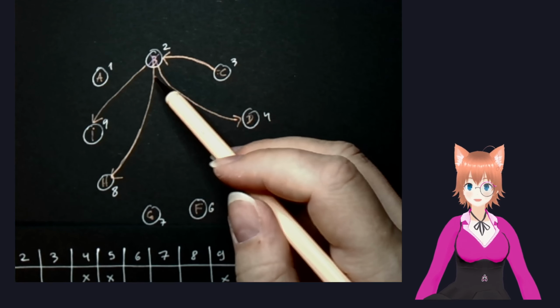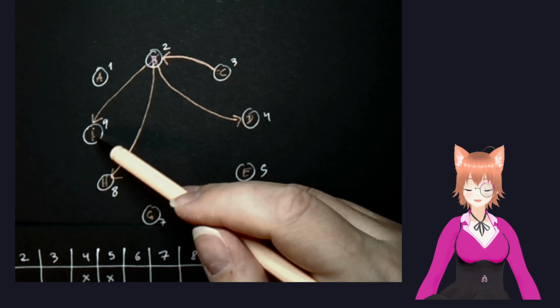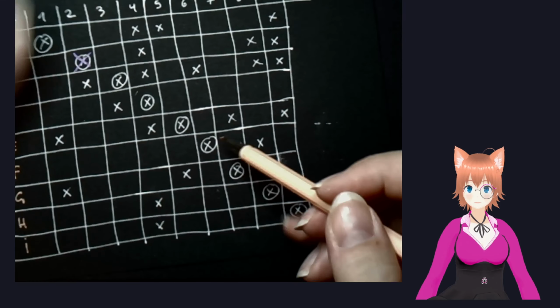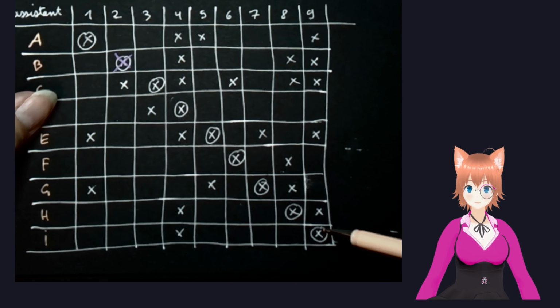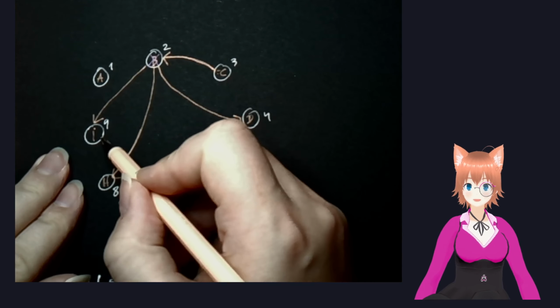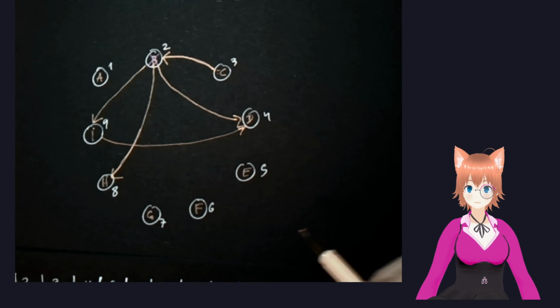So for example, if B switches to group 9, that means that I must go out of there, must go to another group. So if we look from here, we see that I can only take group 4. So I would go from here to here.